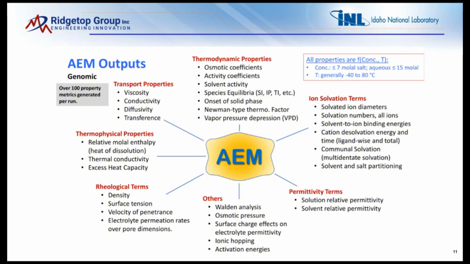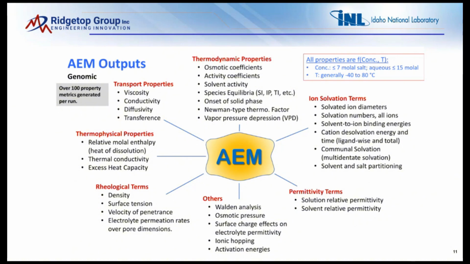Very useful for studying the choice of electrode design and how that might impact how readily the electrolyte is able to permeate through that. Then the last 2 categories involve thermophysical properties, things like enthalpy, thermal conductivity, and heat capacity. And then probably most important is the last category, transport properties. Viscosity, conductivity, diffusivity, and transference are all very key toward assessing the transport capability of an electrolyte within a cell.